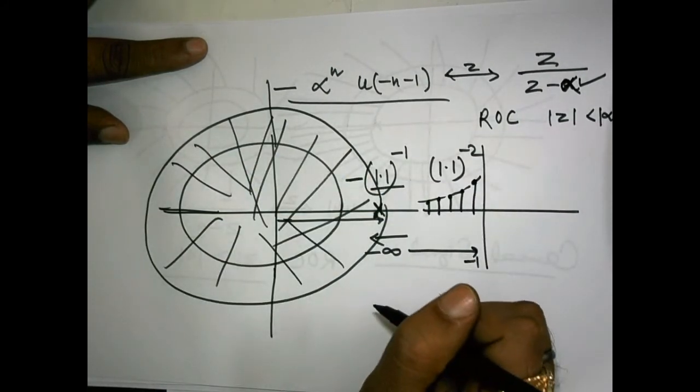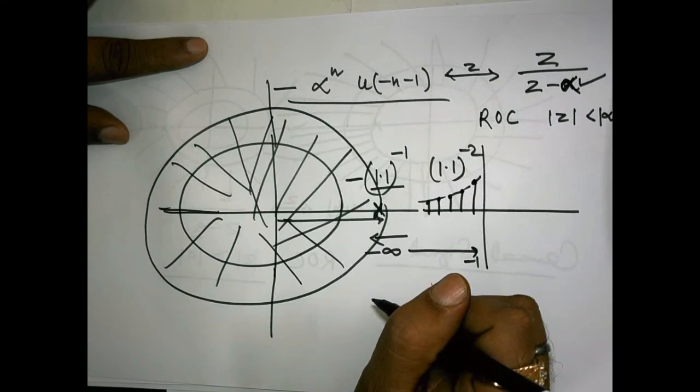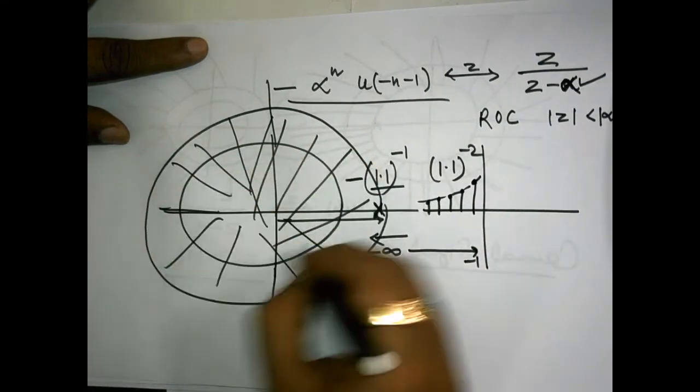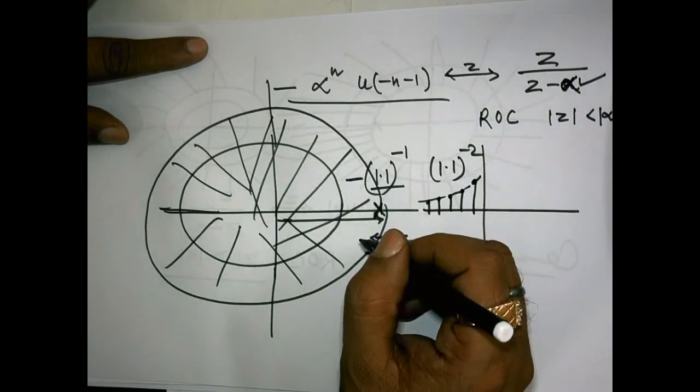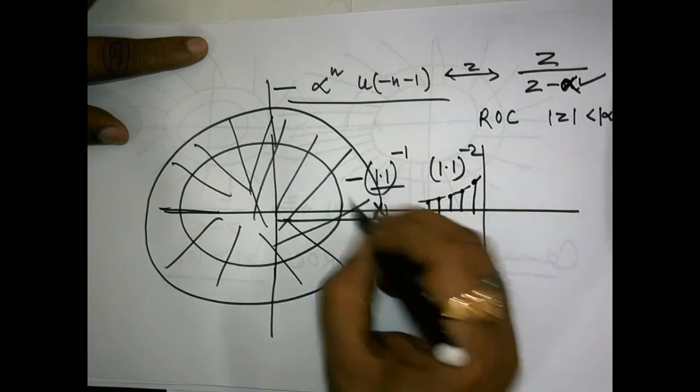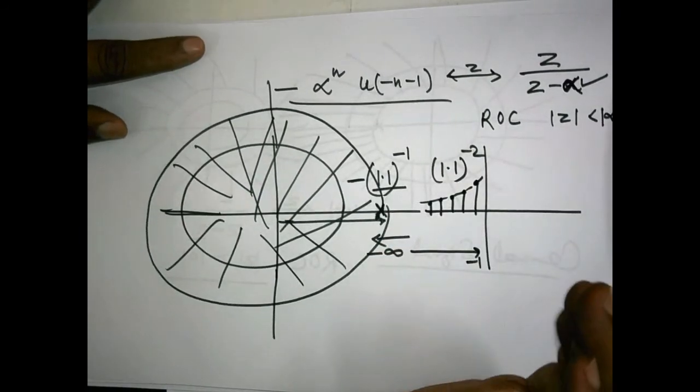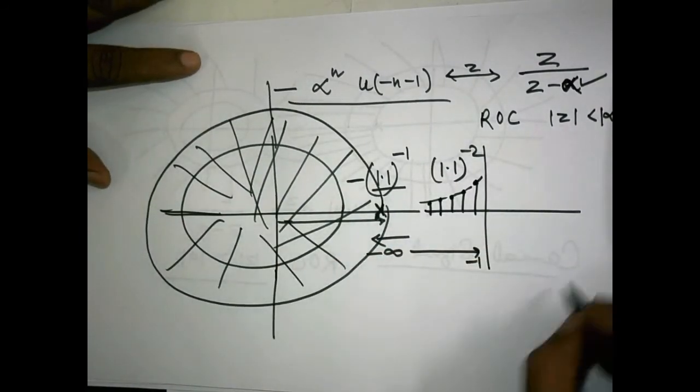So if the region of convergence is interior to this circle having radius alpha, then naturally it is covering the unit circle. So if the signal or system is anti-causal and the region of convergence covers the unit circle, then it is stable. Getting my point?